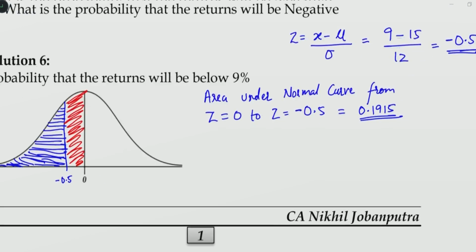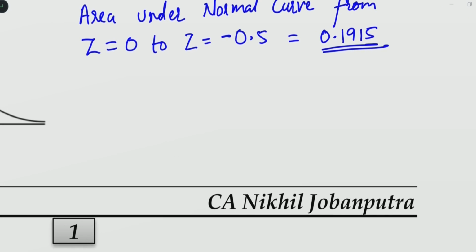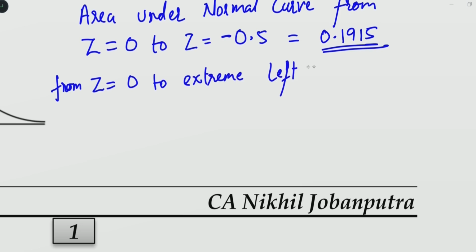Now this area, the red area is 0.1915, and we also know that the whole red plus blue area is going to be 0.5. So we will write from z equal to 0 to extreme left tail equals to 0.5.